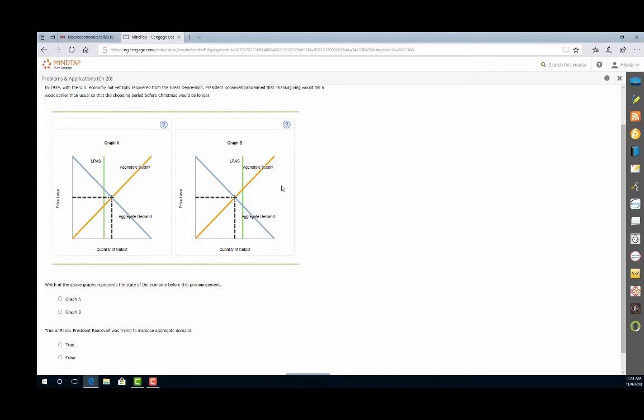So if you go back, remember there are 2 kinds of GDP gaps. There's an inflationary gap and there's a deflationary gap or a recessionary gap. So the economy during the Great Depression was not fully recovered. So which one do you think that is? And then with that thought in mind, which one represents that type of gap?